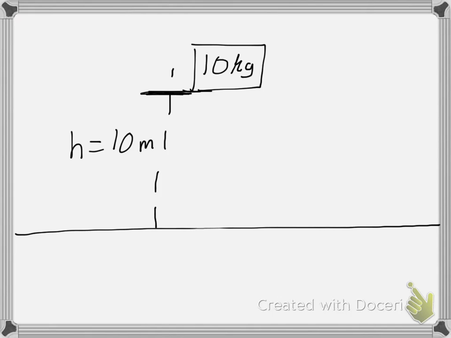And then when I leave it up here, that energy didn't just disappear, it went somewhere, and where it went was into potential energy. Potential energy is the type of energy that an object has, stored energy, if you will. It's the energy that an object can do work with if that energy were to be released.